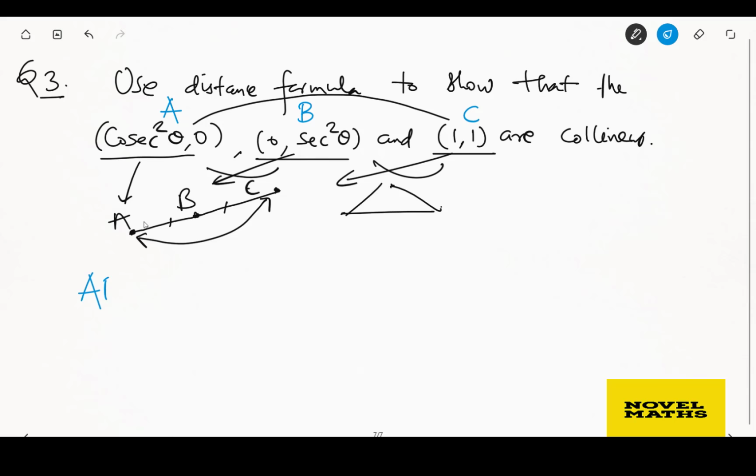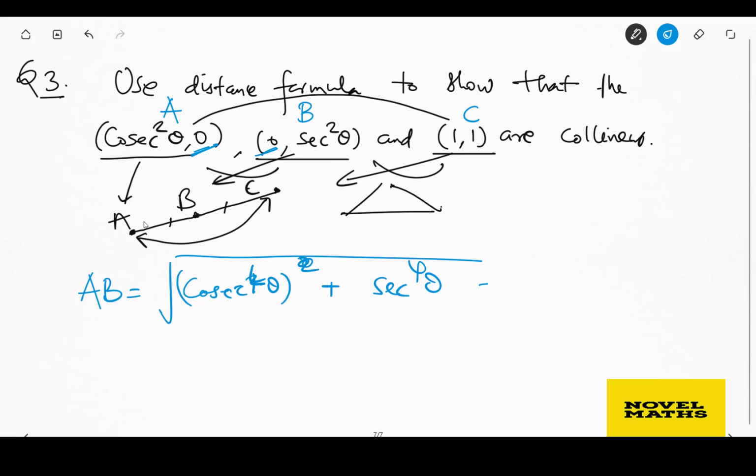AB. The distance between these two points, fortunately we have 0, 0, so that becomes the square root of cosec square theta whole square plus sec square theta whole square.